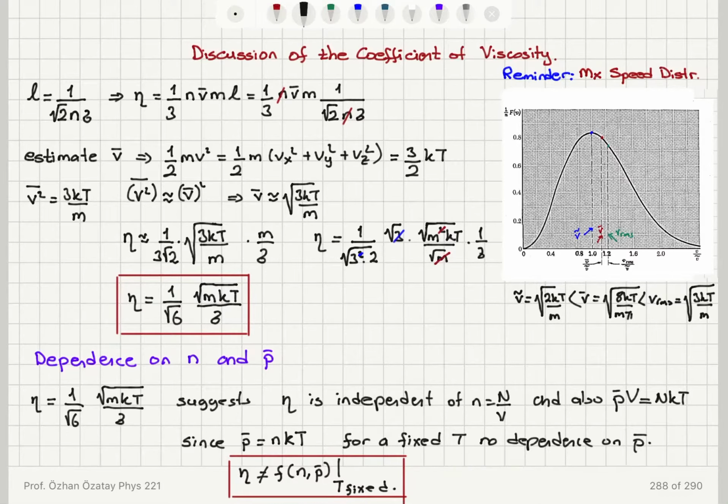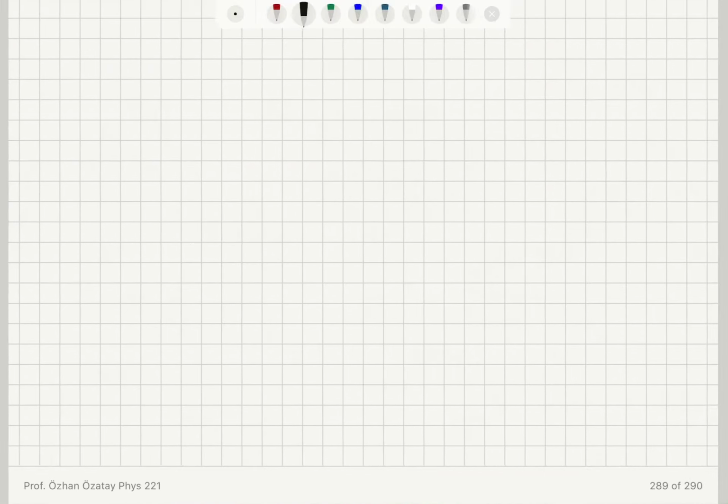Now we can justify this by trying to double, for example, the value of n. So let's try a justification here. Let's say that n is doubled. If the number density is doubled, that means L, which is 1 over square root 2 n sigma, will be halved.